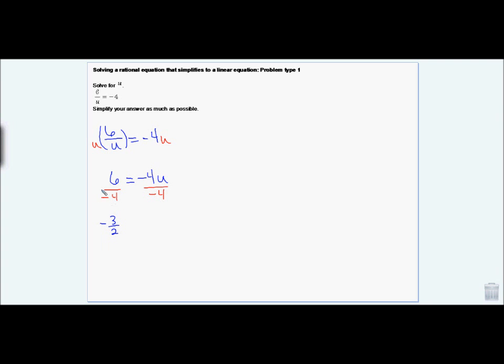We don't leave that negative down lurking in the bottom. We'll move it up, is equal to u. Or taking the shortcut, I get 6 over negative 4 is equal to u. So negative 3 halves is equal to u.